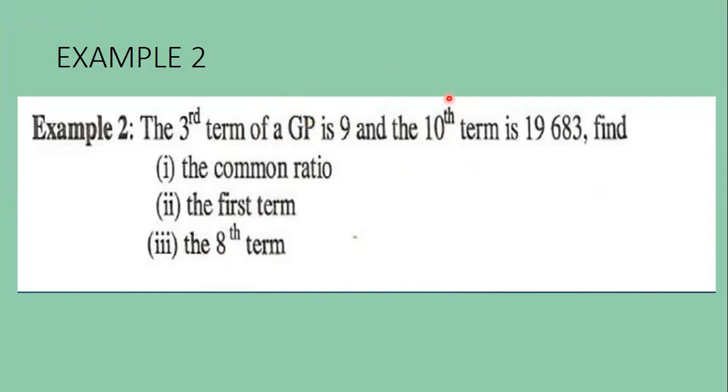What will be the 10th term? It's 19,683. That is the value for the 10th term, but I want its expression. Whenever you come to this 10th term, what should come in your mind?